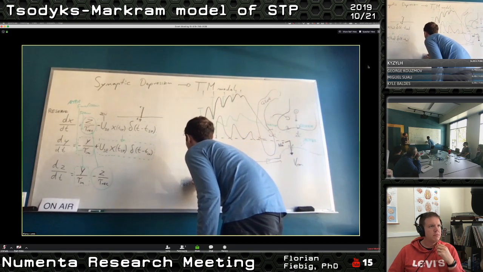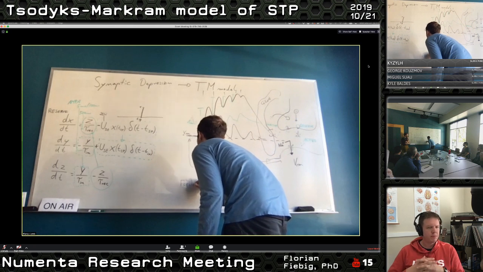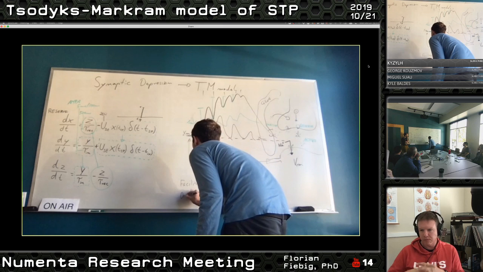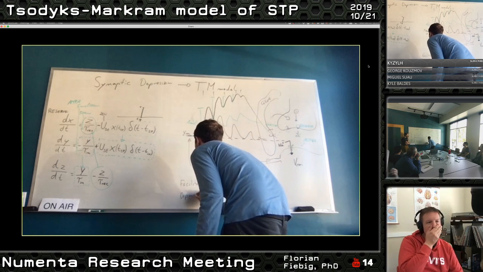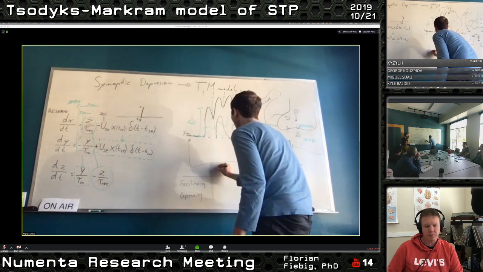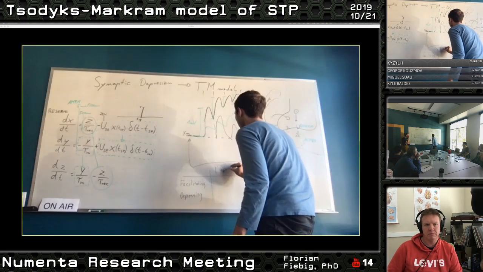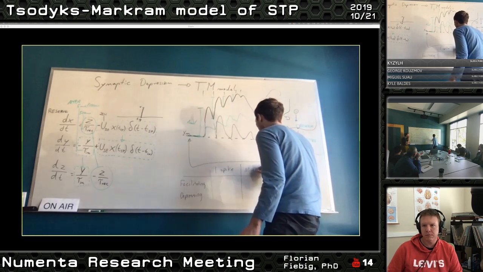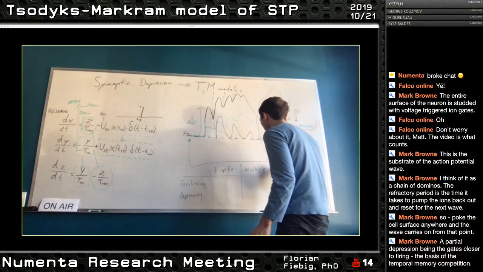I'm going to do a 2x2 matrix of facilitating versus depressing, and we'll say one presynaptic spike versus multiple, like a burst. Yeah, multiple spikes.